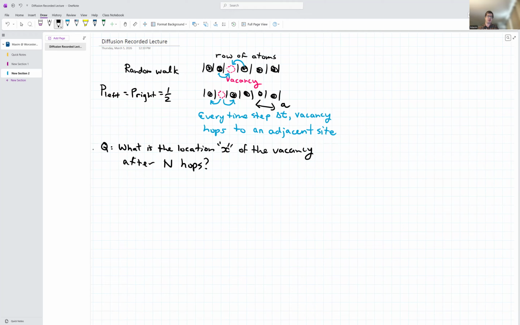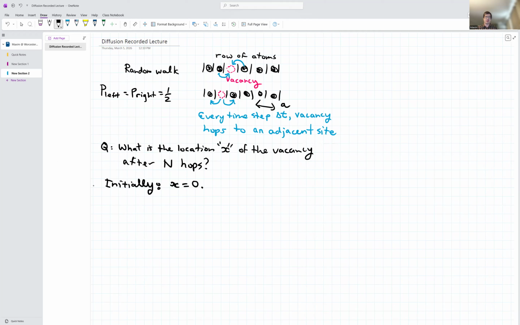And let's assume initially we start at 0. We say we start at some origin of the coordinate system. So what happens after n hops? After n hops, there'll be some number of them that were to the left, some number that were to the right.